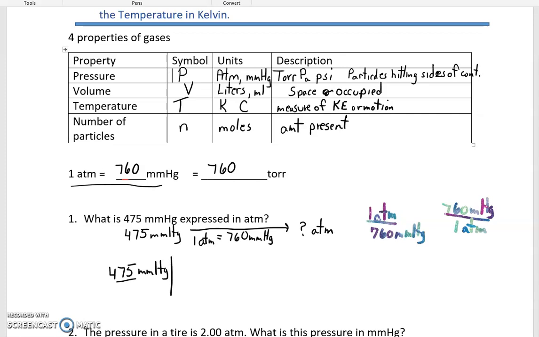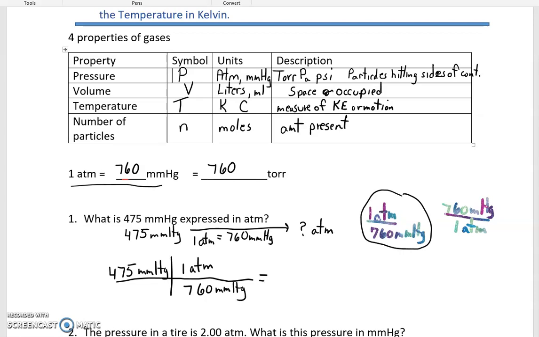And we're going to write our conversion. We need to pick the conversion statement that's going to get rid of millimeters of mercury. Put millimeters of mercury on the bottom and the unit that we want on top. So we're going to use this conversion. So we've got 1 atmosphere over 760 millimeters of mercury.